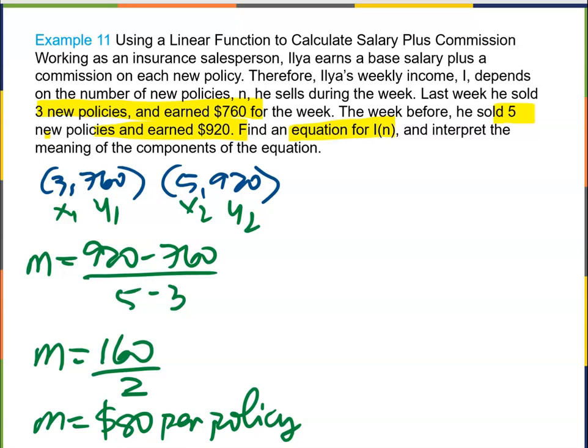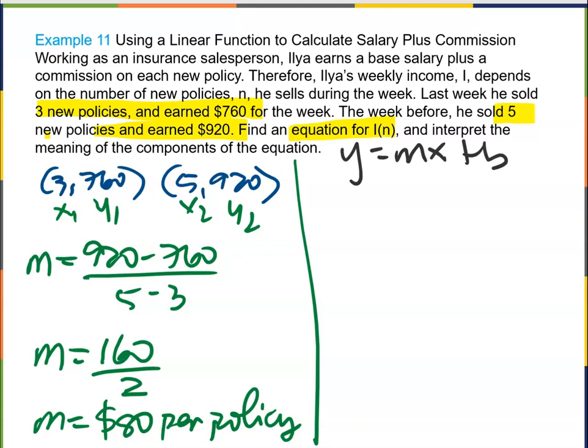Now how do we find an equation for I of n? We know y equals mx plus b. We have the slope of $80. So in terms of I of n, that is 80n plus b.